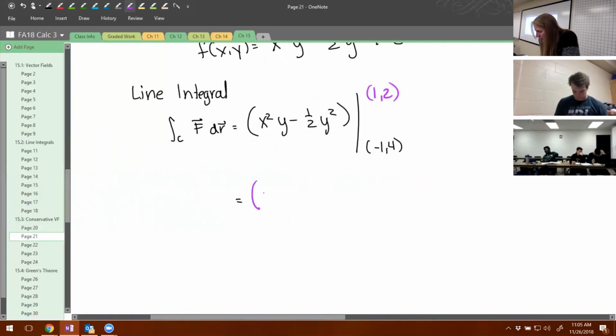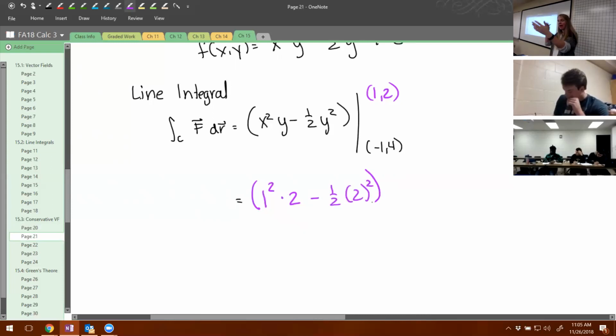All right, so we get 1 squared times 2 minus 1/2 times 2 squared. That's the end point, so we always do the last point first. And then we're going to subtract the initial point. So that would be -1 squared times 4 minus 1/2 times 4 squared.